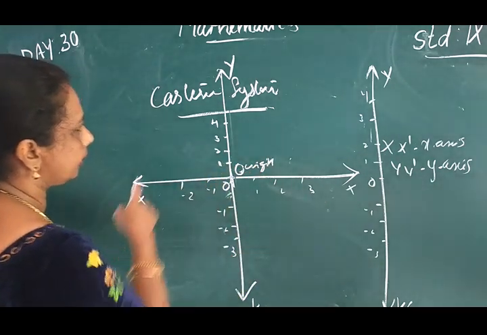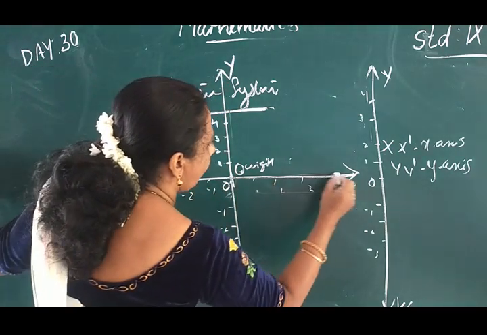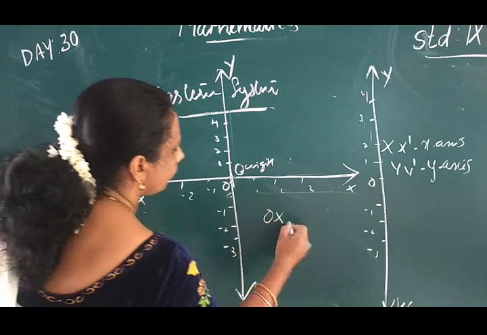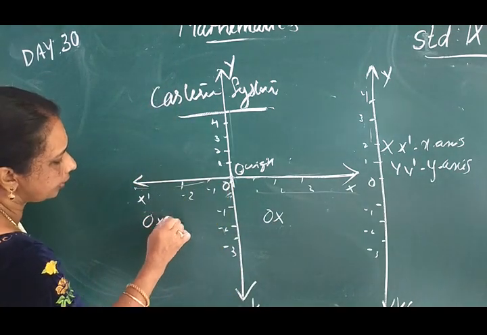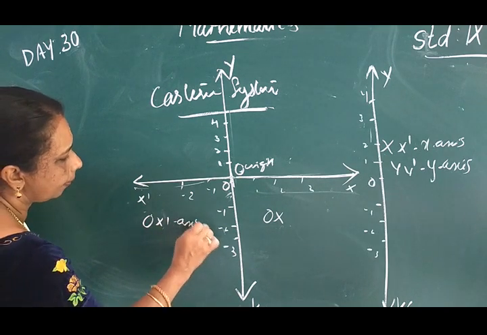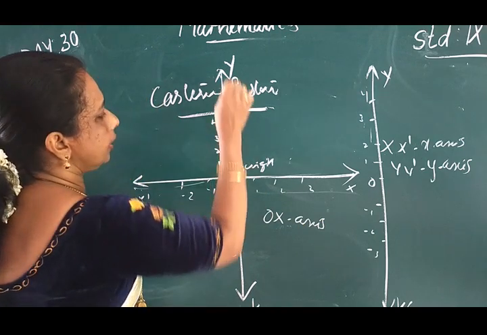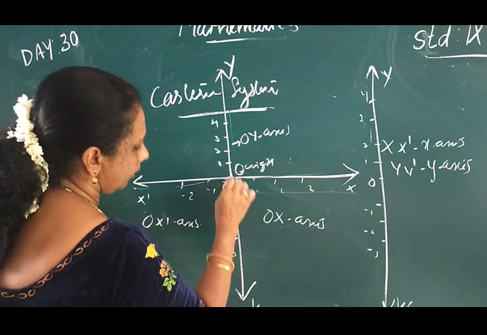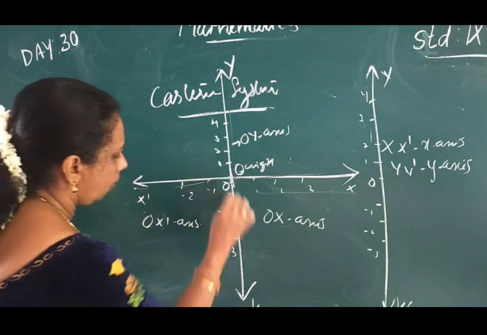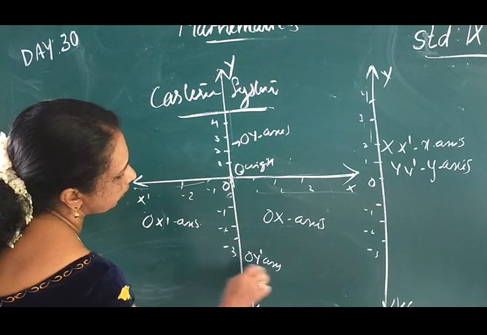This is the x-axis and this is the y-axis. This portion is the OX axis, this portion is the OX dash axis, this portion is the OY axis, and this portion is the OY dash axis.